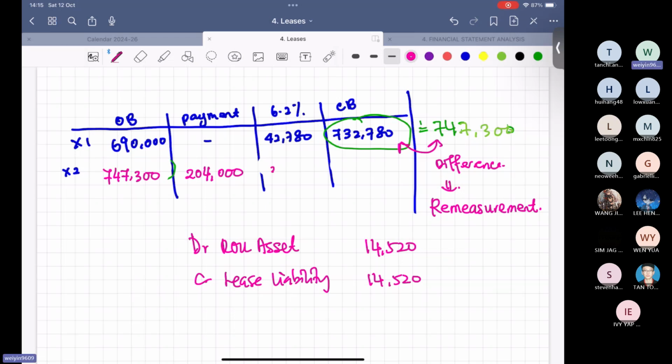So I got 33,685. So 576,985. So you see the pink color ones are all the new depreciation. It's a new change due to the remeasurement.